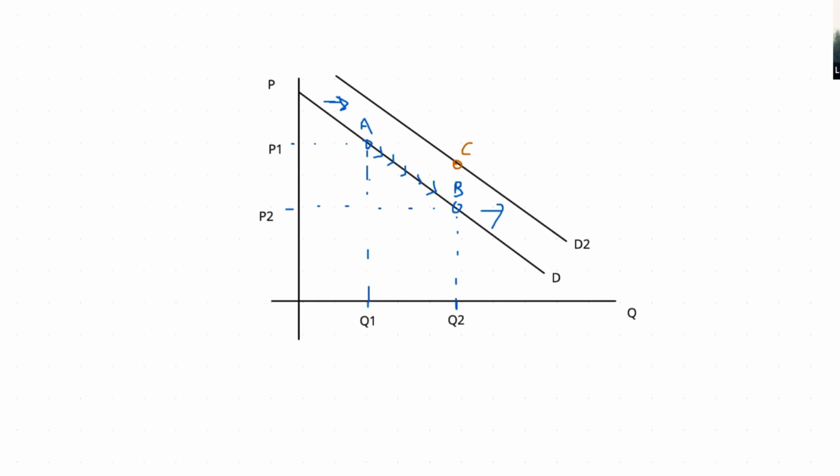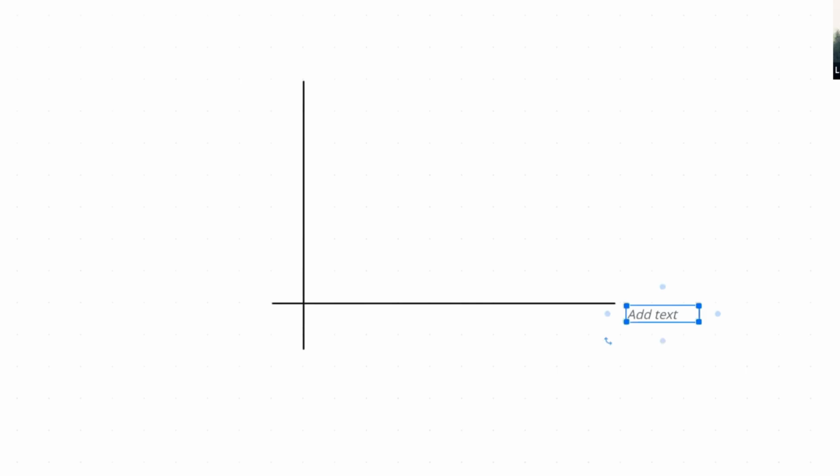The same logic is going to apply for supply. So if we start over again here, and I draw a supply curve instead. Okay, so we have a supply curve. So we now have quantity here. We have price here. We need an upward sloping supply curve.